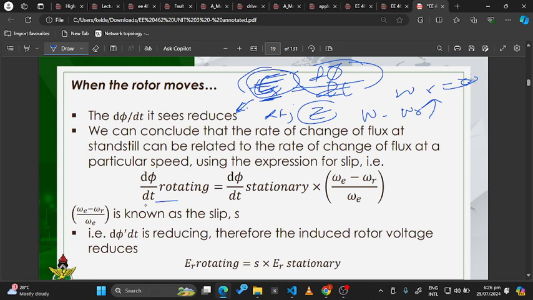So that means at any speed, the EMF induced is a fraction of the EMF produced at start. Is that okay?